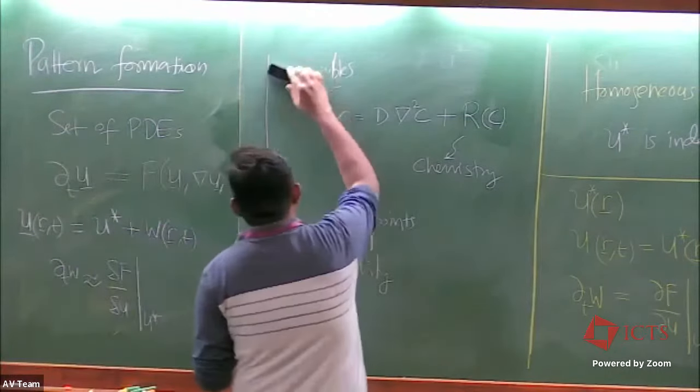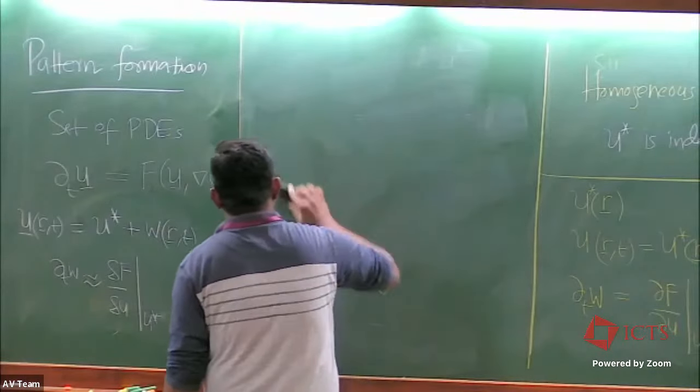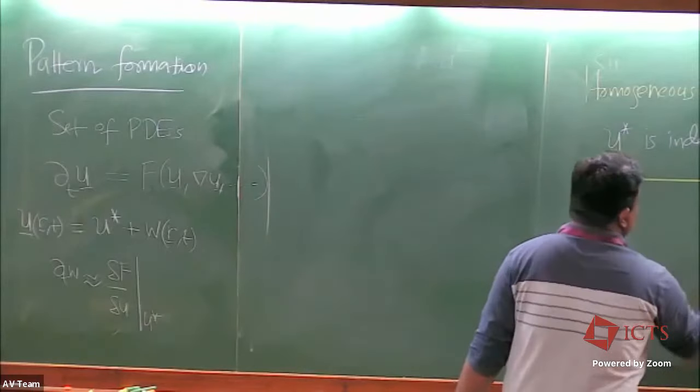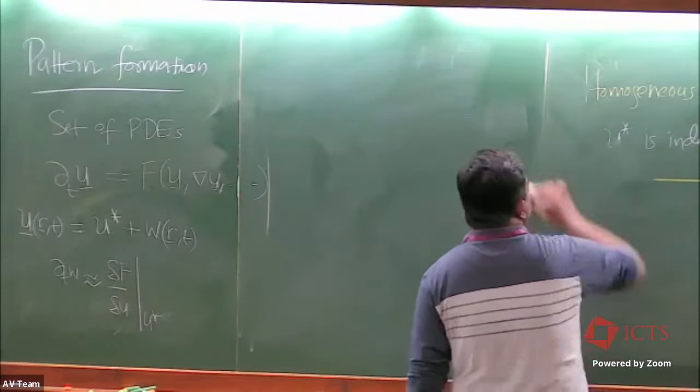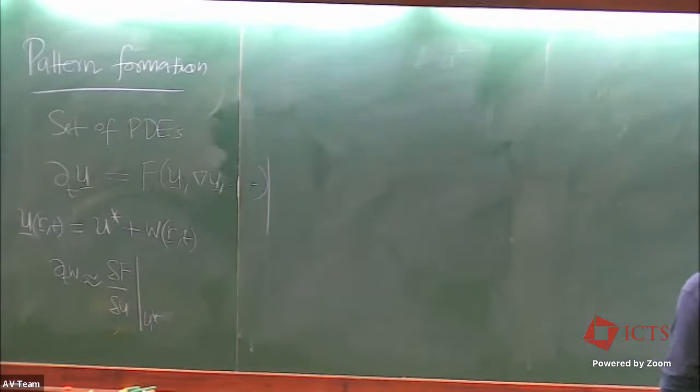Okay, so let's do this calculation for the case of the Ginzburg-Landau equation, and then you will see what we mean by eigenvalues. You'll basically get a spectrum of the perturbations of the operator, and the nature of that spectrum will tell you the kind of instabilities that are possible.